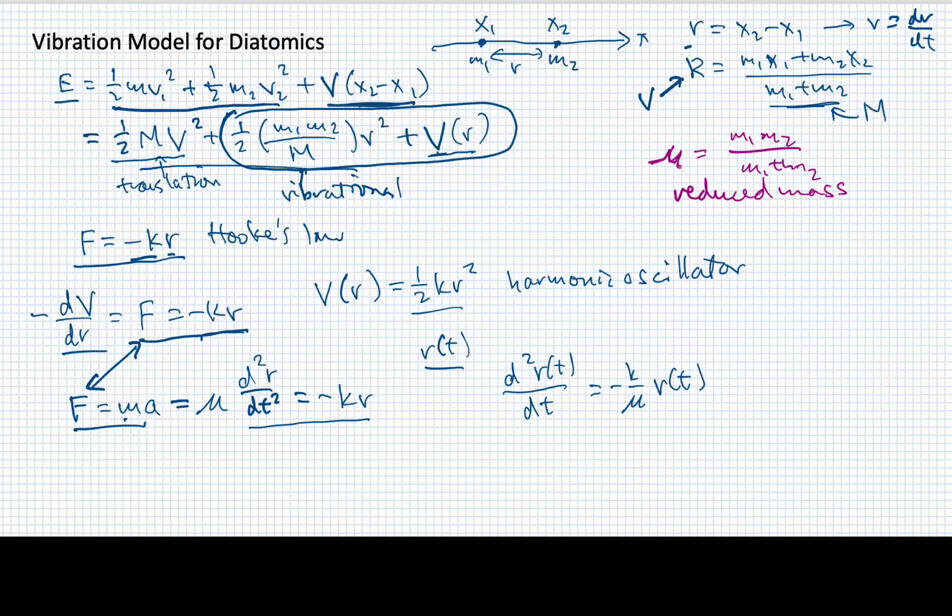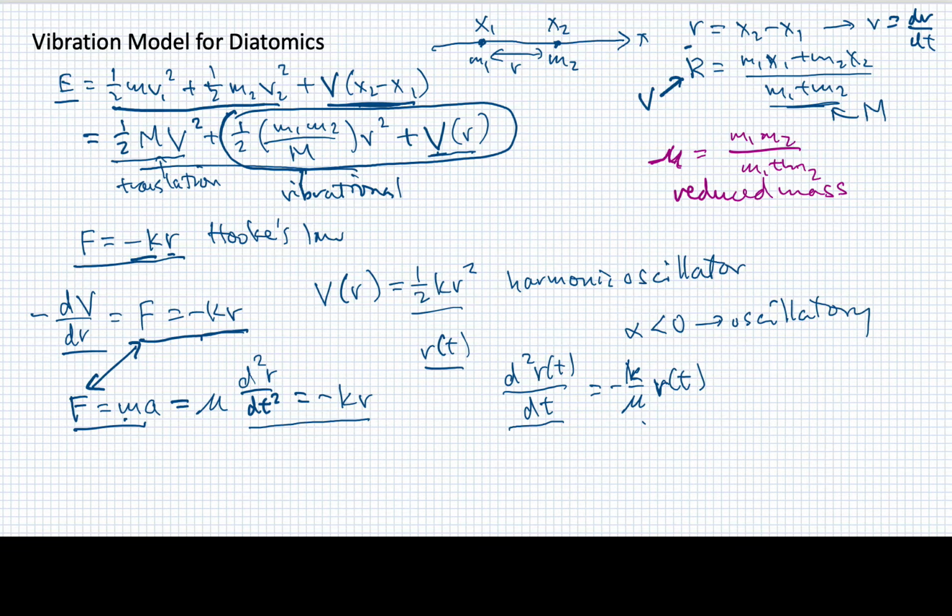And this, you may note, looks a little bit like the classical wave equation that we saw sometime earlier, where we've got a second derivative of a function of time equal to some constant, which k over mu represents, times that same function of time. Now remember, in that case we used alpha as our constant, and we noted that when alpha was less than 0, this is what gave rise to oscillatory motion.